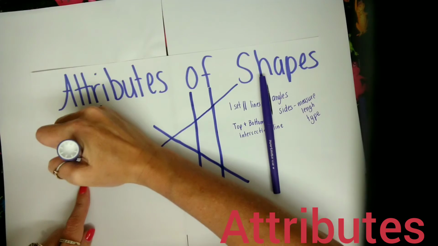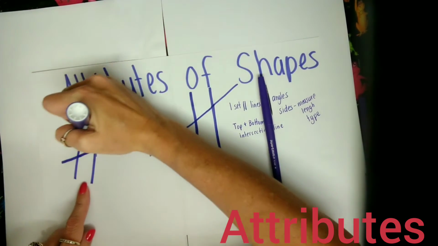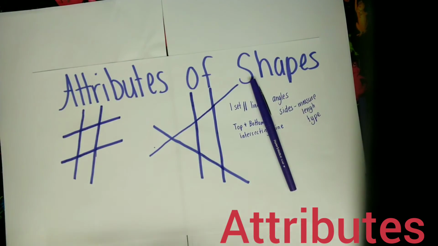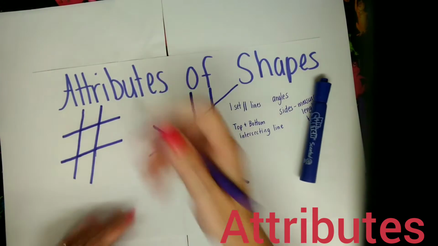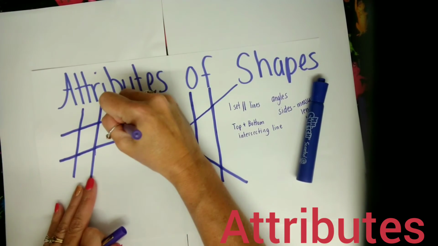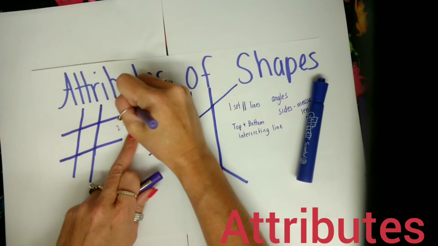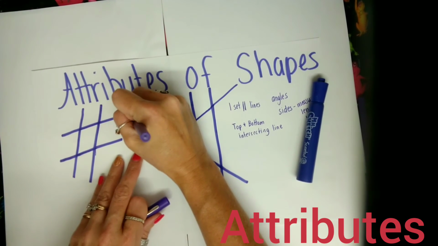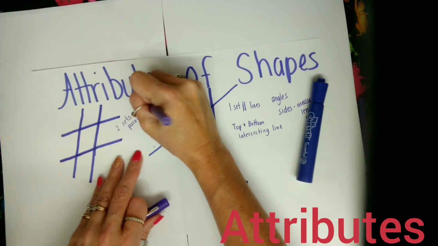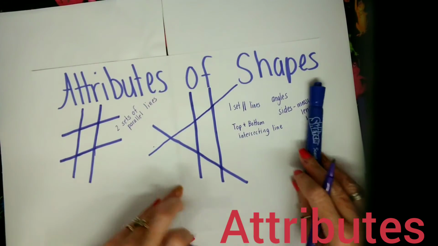And if I extend the legs here, I see that it is equal distance. So once I've done this, I now realize that it is two sets of parallel lines. So this was one piece of what we did today.